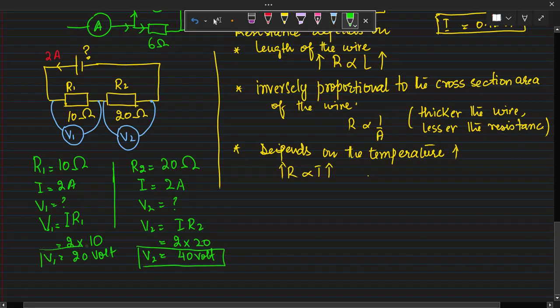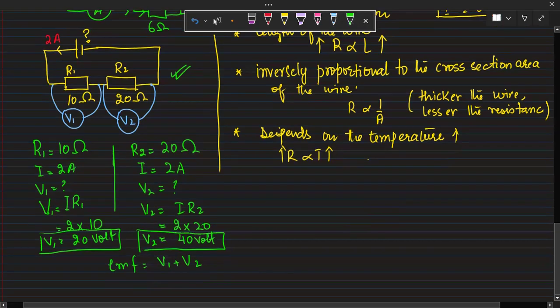Now, what is the total voltage? So EMF, or what is the battery voltage? EMF is going to be V1 plus V2 since it is a series circuit. In a series circuit, the voltage is divided, or in order to find the total voltage, you can add all the voltage drops, right?